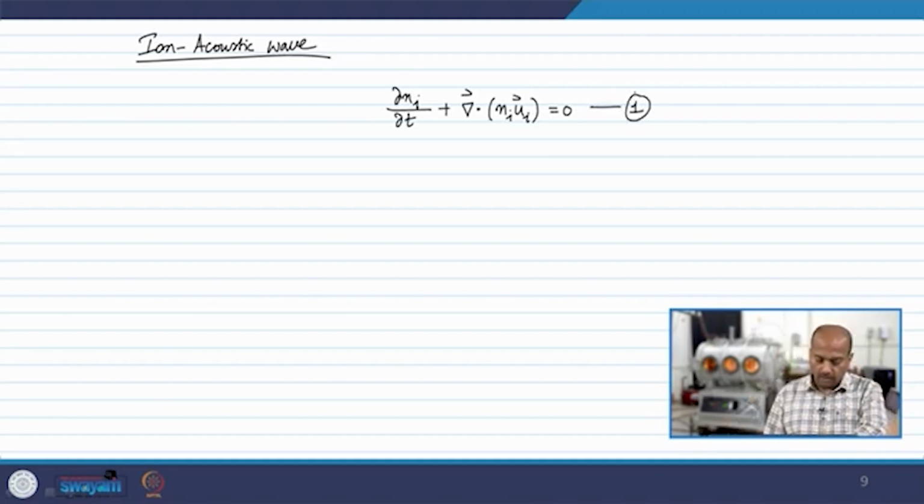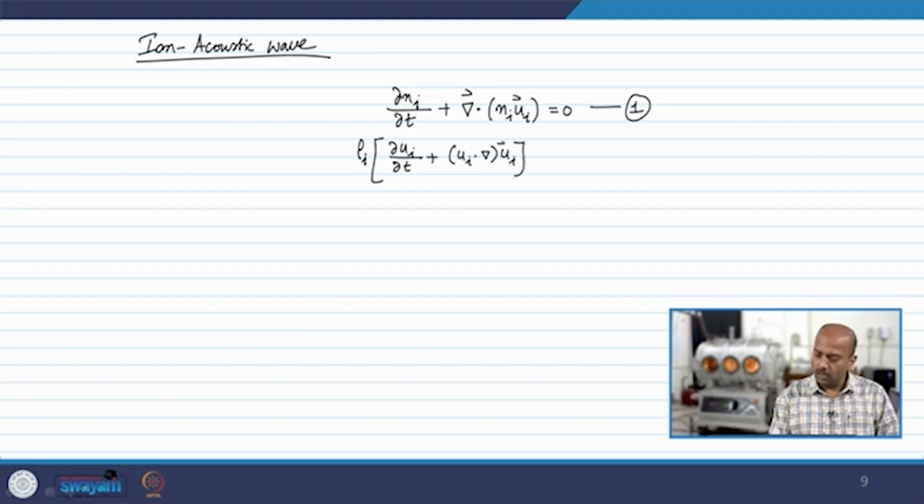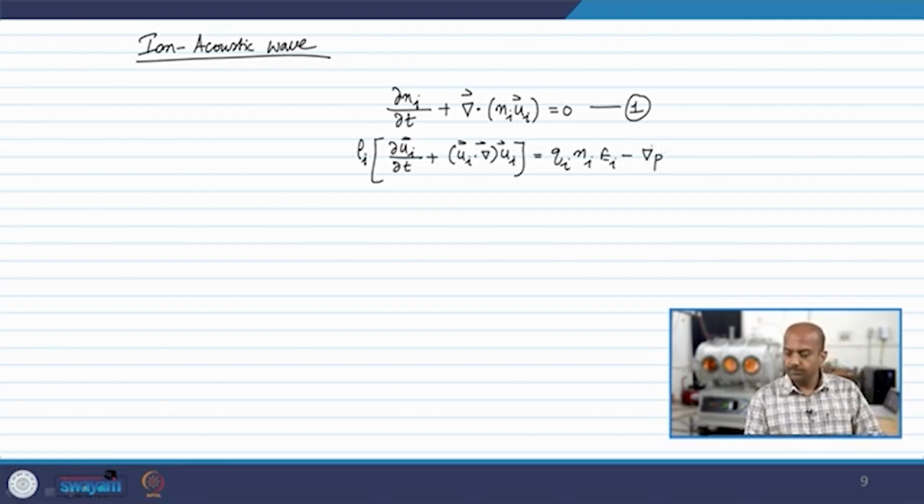For the ions we can write the momentum equation as rho I, the density of ions, times (dou Ui by dou T plus Ui dot del Ui) equals Qi Ni Ei minus del P.